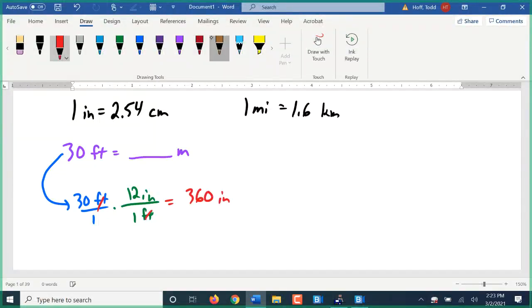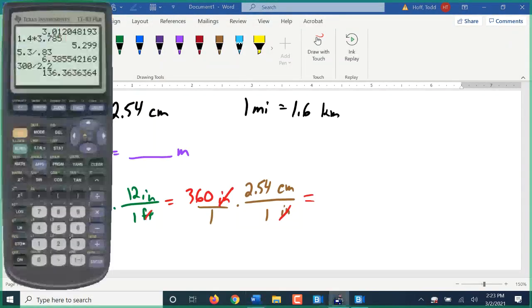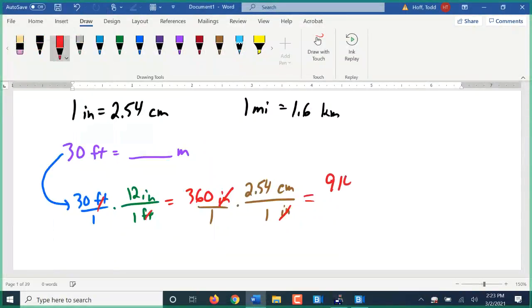And then I can convert my inches into centimeters. 1 inch is 2.54 centimeters. Inches cancel out. 360 times 2.54 is 914.4 centimeters. That's over 1, so that's just 914.4 centimeters.